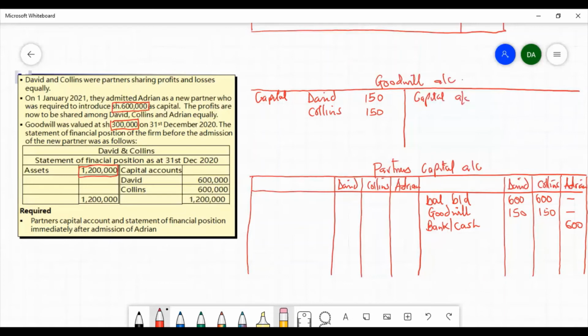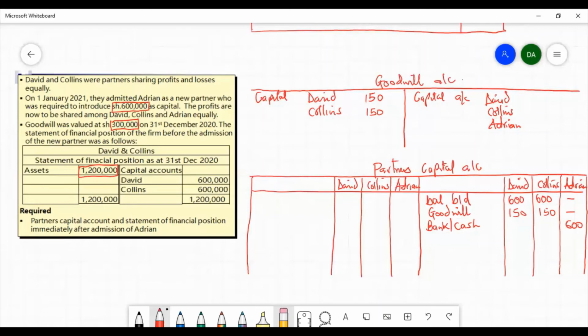As we write off goodwill, we write it off between David, Collins, and Adrian. Now we have all the partners are going to share in the writing off of goodwill. This is because now we use the new profit sharing ratio after the partners have admitted the new partner.